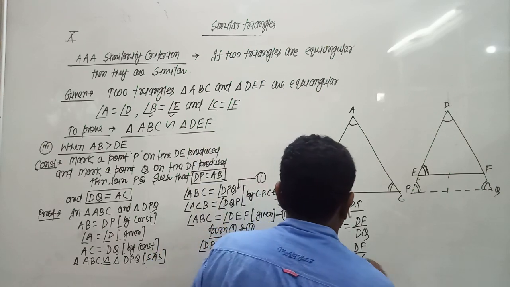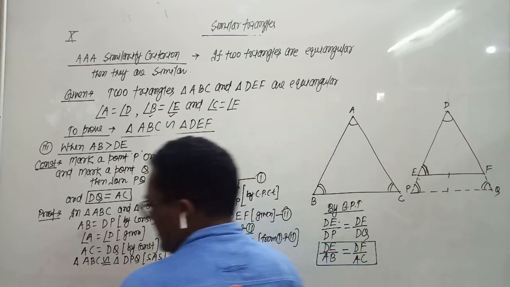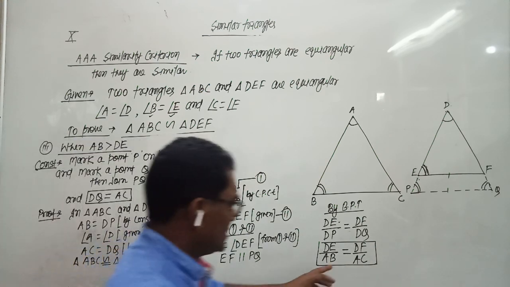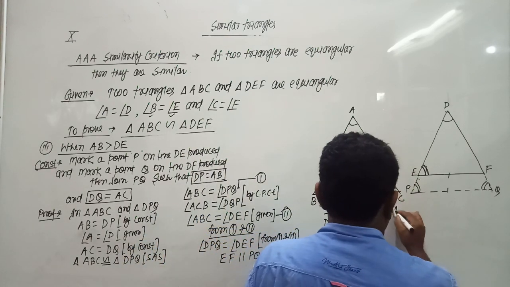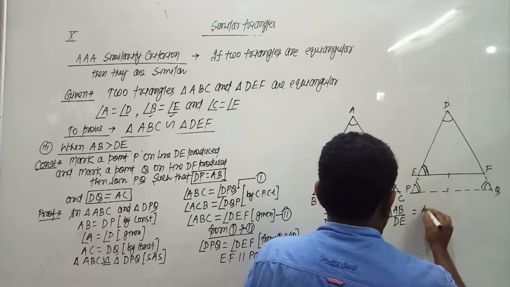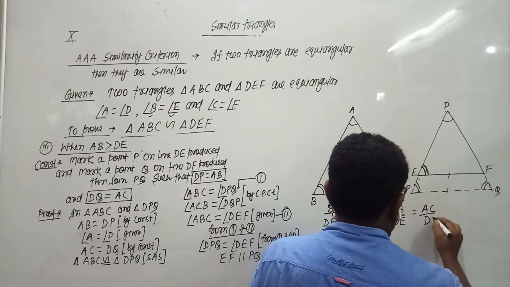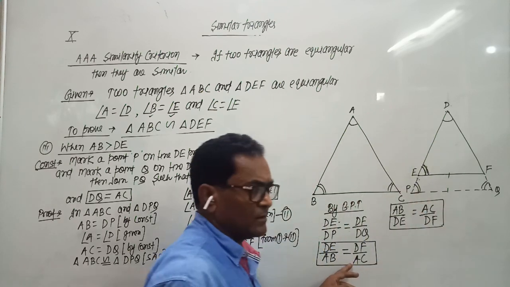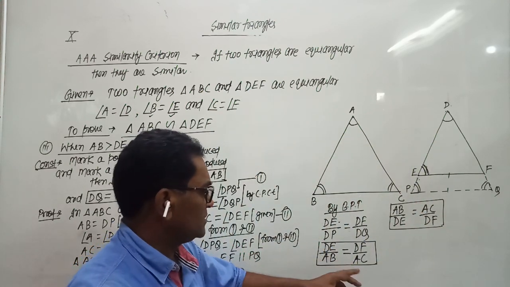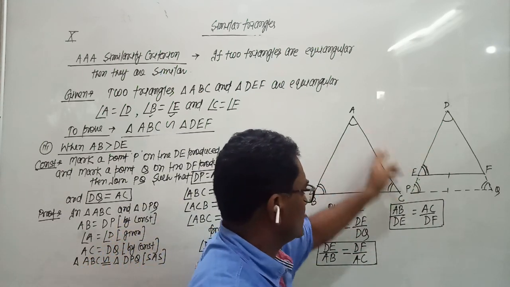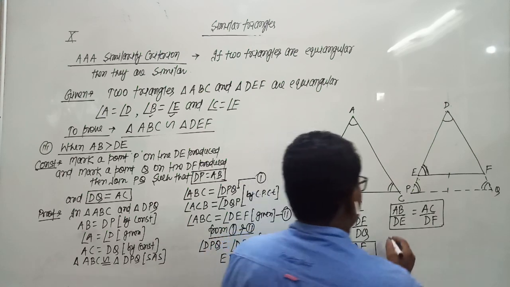Taking the reciprocal of these terms, AB upon DE equals AC upon DF.